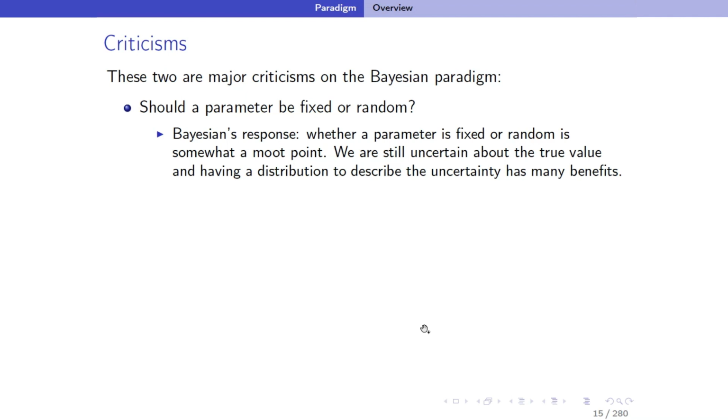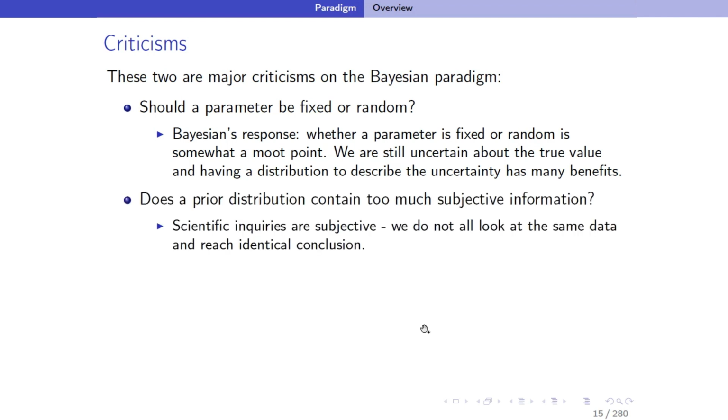Either it's fixed or it's random, we still need to quantify the uncertainty about it. And the best way we know how to do it is to use a distribution to describe the uncertainty. And that has many benefits to it. The answer is that we don't really know, but the important thing is to quantify uncertainty.